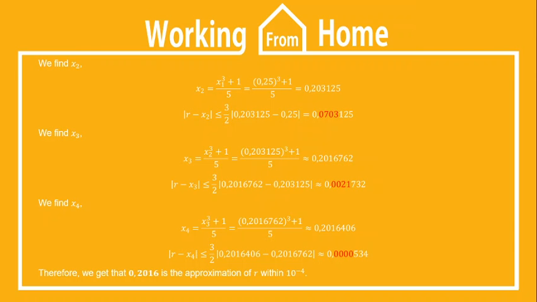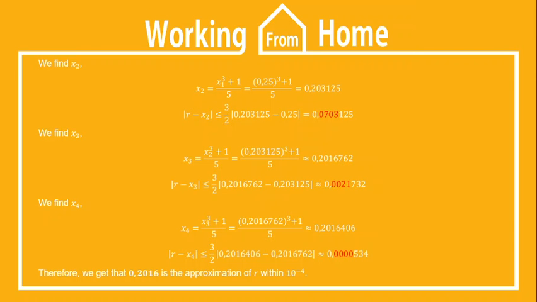We find x3 the same way: x3 equals (x2^3 + 1)/5. We substitute x2 and we get 0.2016762. And we find the absolute value of r minus x3 less than or equal to 3/2 times the absolute value of 0.2016762 minus 0.203125, and we get 0.0021732.